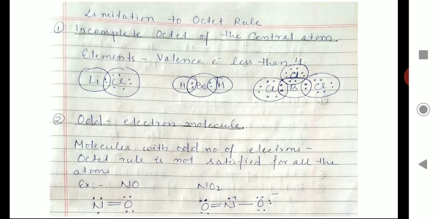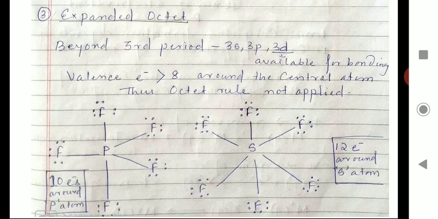Similarly, in NO2 we can calculate that the octet is not completed, and 1 electron is less for nitrogen. So odd electron molecules do not satisfy the octet rule.